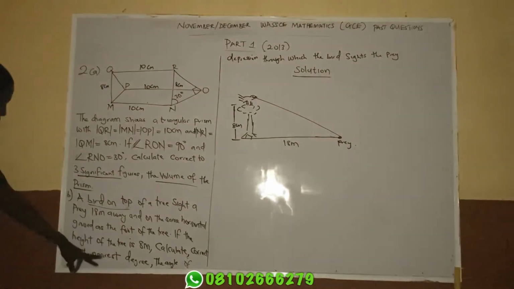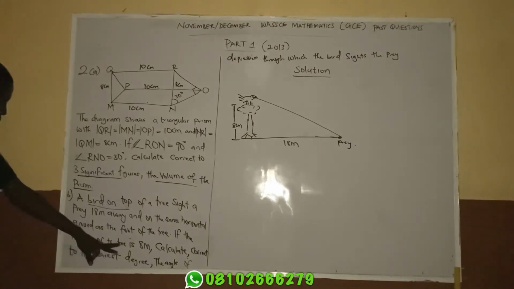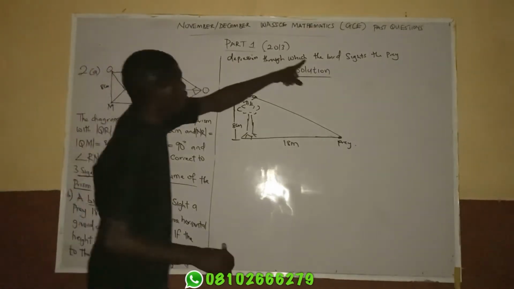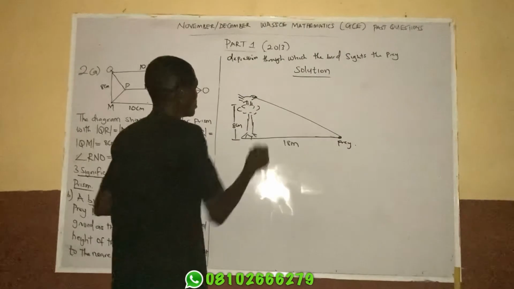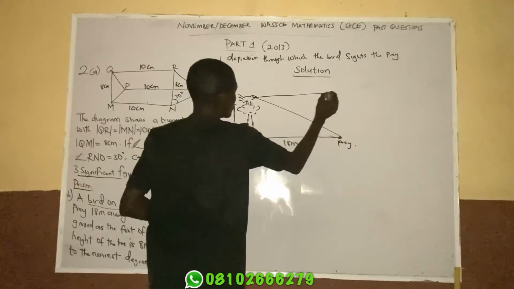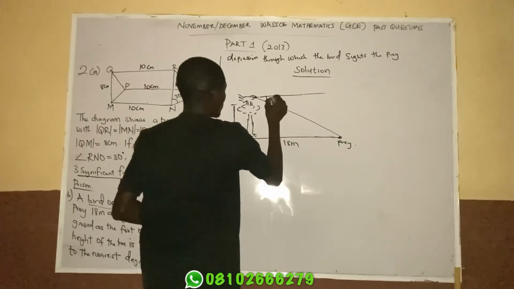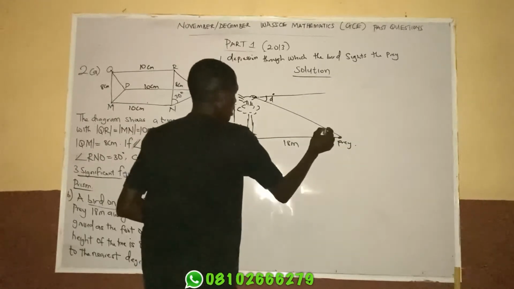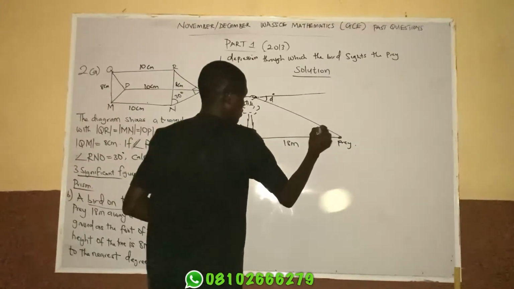Calculate, to the nearest degree, the angle of depression through which the bird sights the prey. We trace out this angle of depression, which is alternate to this angle.